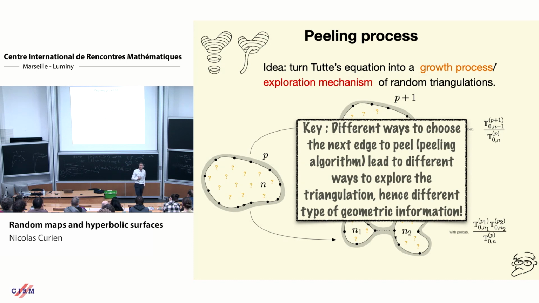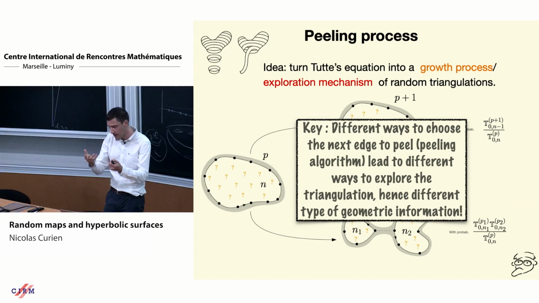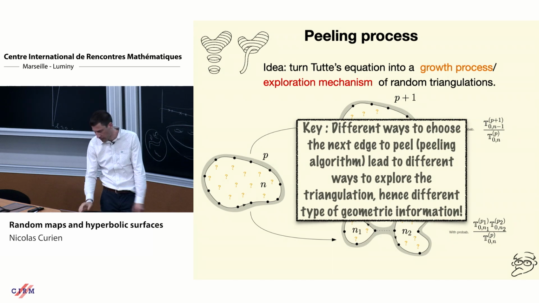In our language, we say different peeling algorithms. And this leads to different ways to explore the triangulation, hence different types of geometric information. So although the probability transitions are the same, I'm not exploring the triangulation in the same way. It's exactly Tutte's equation, but with many ways to implement the growth process.